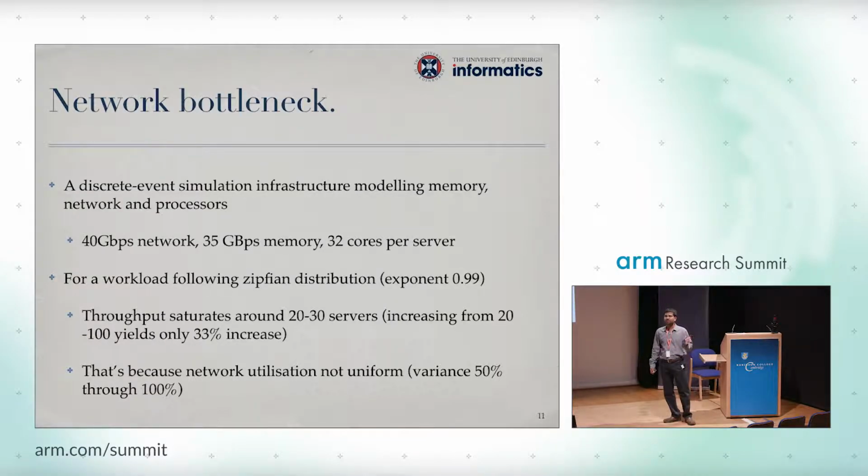Increasing the server count from, say, 20 to 100 only yields a very small throughput increase. The data is corroborated by additional statistics, where we find that the reason is actually the network bottleneck. In fact, there is a big variance in network utilization, varying from 50% for lightly loaded nodes to 100% for the ones which are the bottleneck.